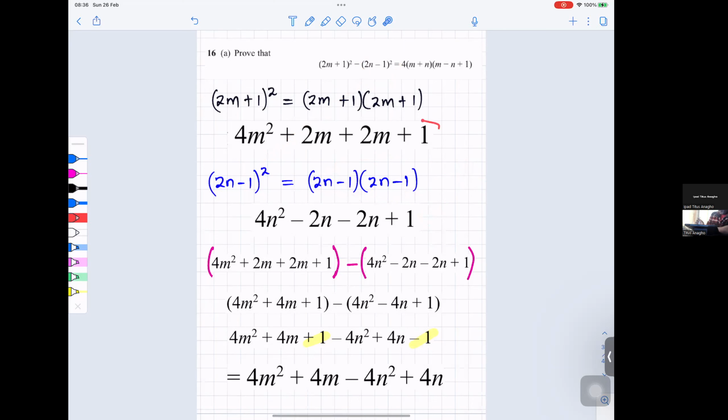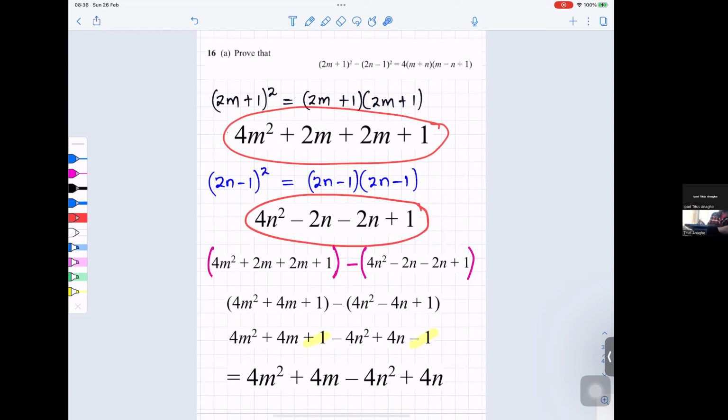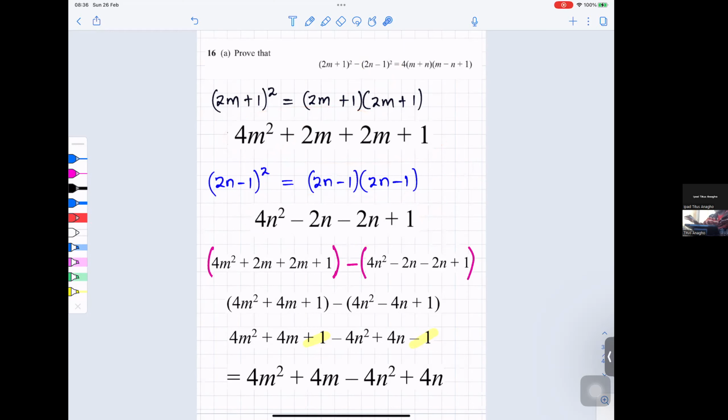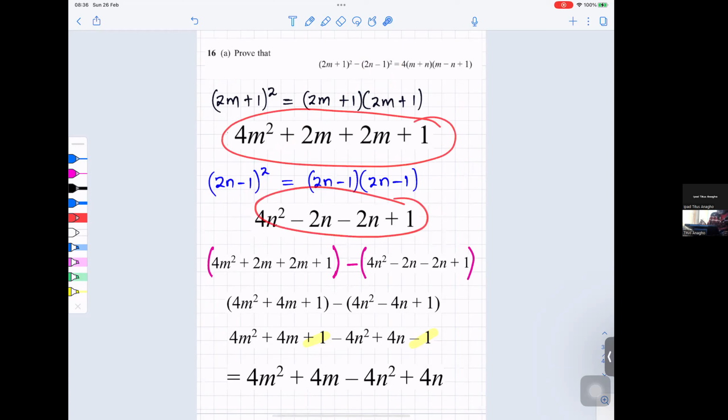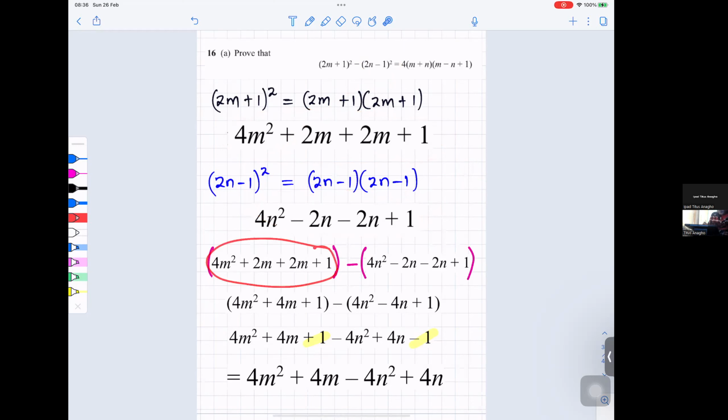Now we want the first one that we got minus the second one. This is where you have to write it out very neatly. The first one minus the second one. So that's the first one there. And that's the second one. We want to subtract them.